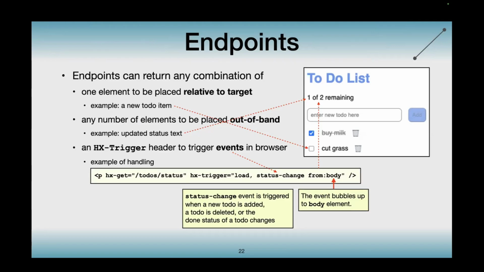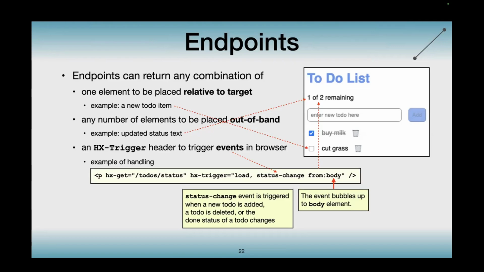Well, I want to add a new row to that list at the bottom, and the row, of course, contains a checkbox and the text and the trash can icon. But I'm returning that row element. So that's going to get placed relative to the target, which would be that list of to-dos.